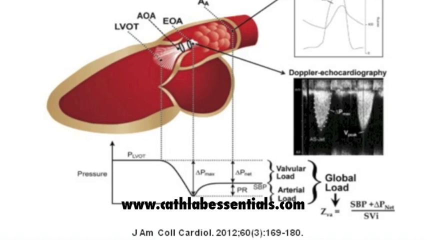The pathophysiology of aortic stenosis is demonstrated here in this cartoon. We see the narrowed aortic valve and the left ventricular outflow tract pressure. Moving toward the aorta, we see the aortic orifice area, and then just to the right of that, the effective orifice area.